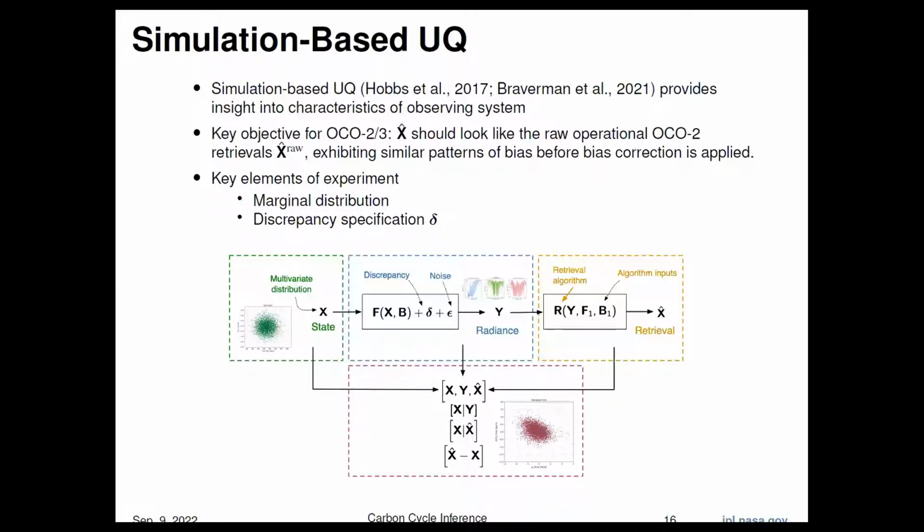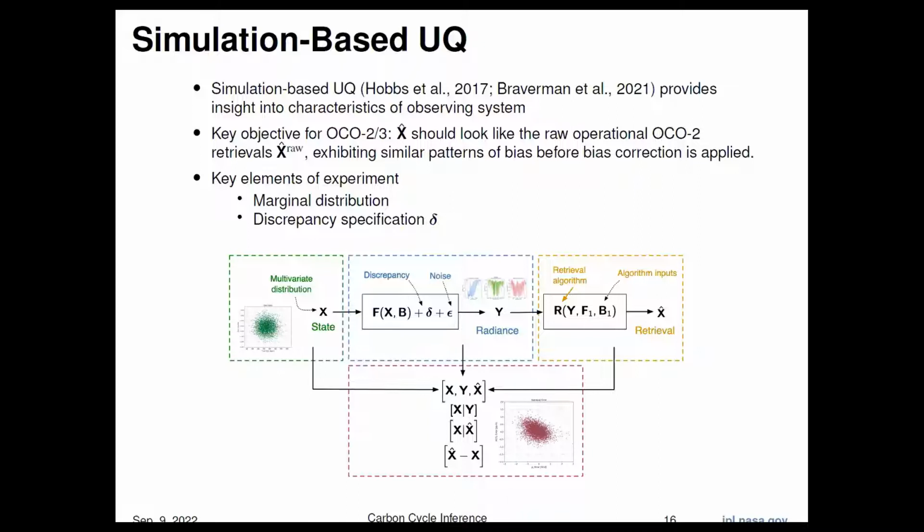A big one that we've spent a lot of time on recently is in this step, where we generate synthetic radiance spectra. We use the forward model F from before, but based on analysis from the bias correction and from the operational data, we've also estimated a model discrepancy, which we call delta here.